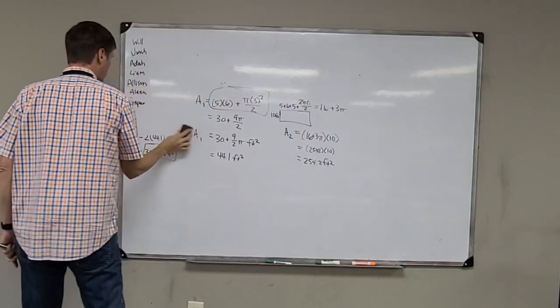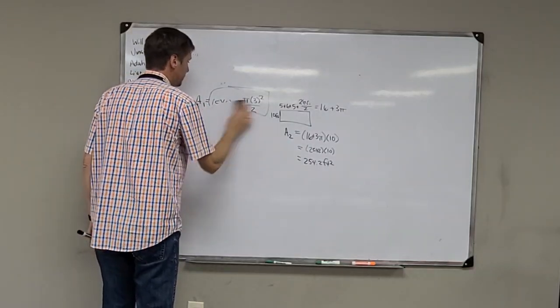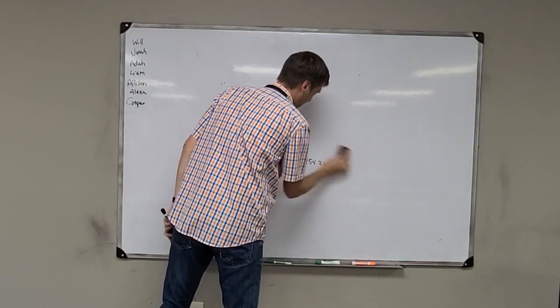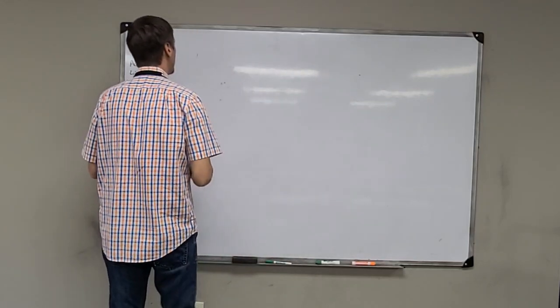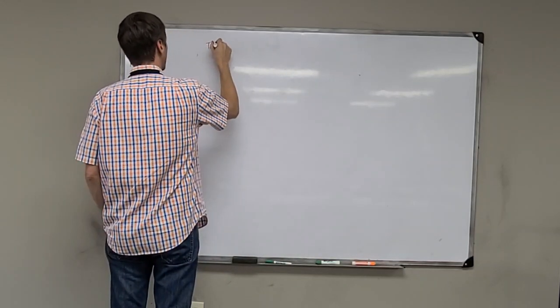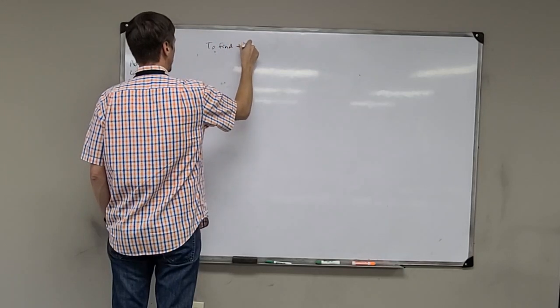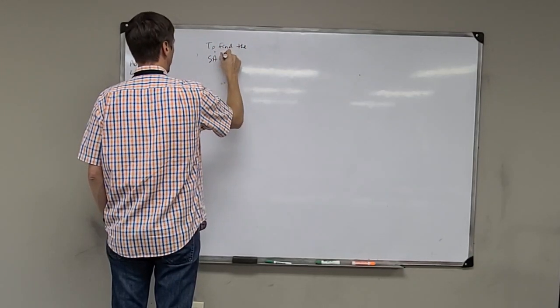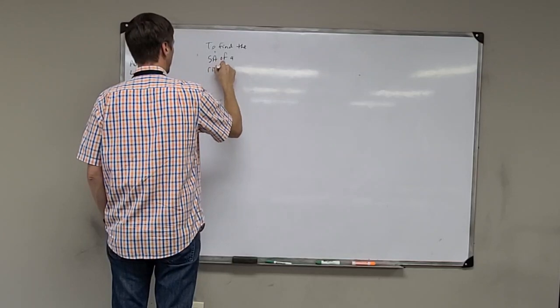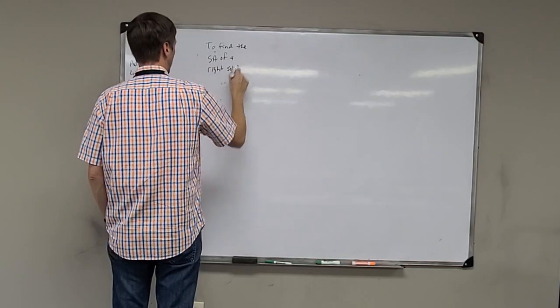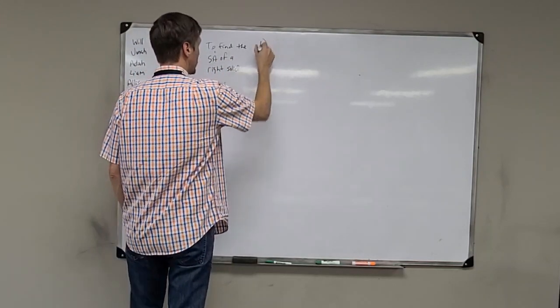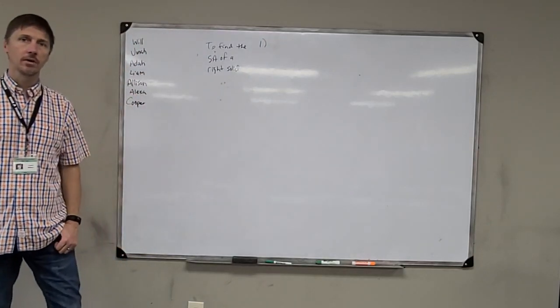Let me just say this. For those of you that are really step-oriented, when we define the surface area, find the surface area of a right solid, this is a way that you could tackle that problem.